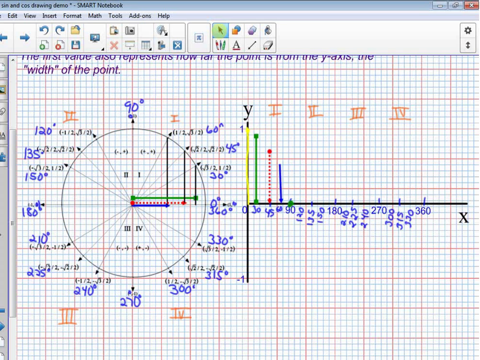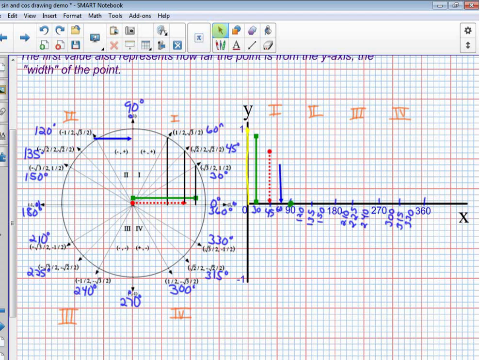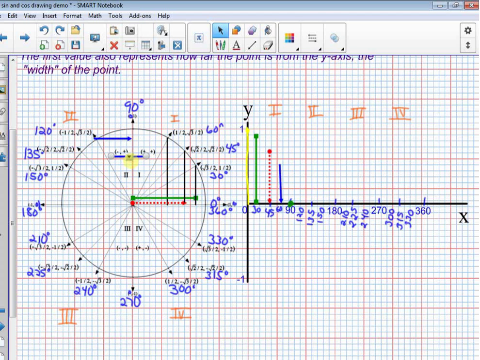So for 120 degrees, I'm looking at the x-coordinate. It's -1/2, so that'd be this distance. Okay, so it'd be that little -1/2 right there. So I'm going to clone that. And then basically what I'm going to do is rotate that. I'm going to do this once, and then I'm just going to make clones of these so you can see.